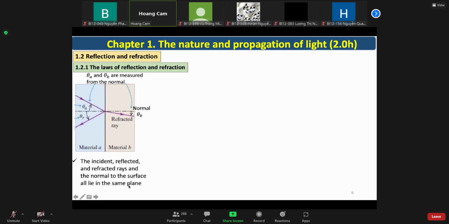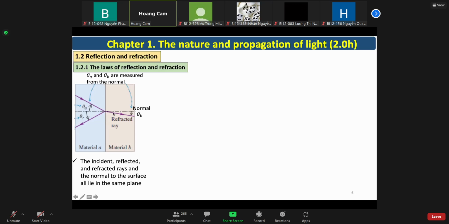Yes, same plane. And the reflected ray lies in the same material as the incident ray. The refracted ray for sure lies in a different material from the incident ray. And always it will be on a different side of the normal compared to the incident ray.